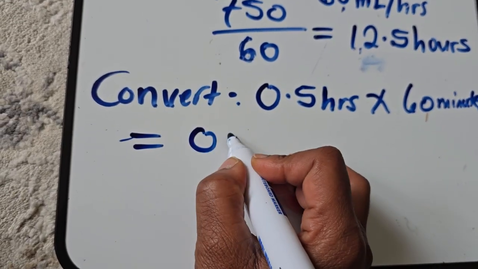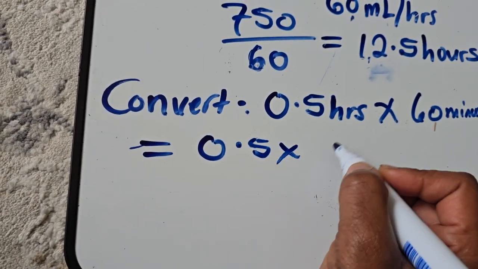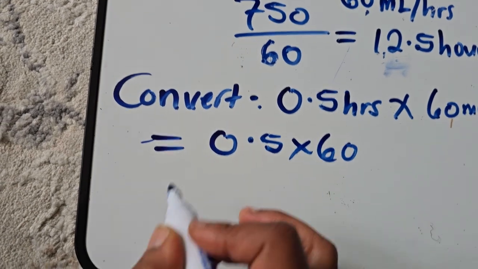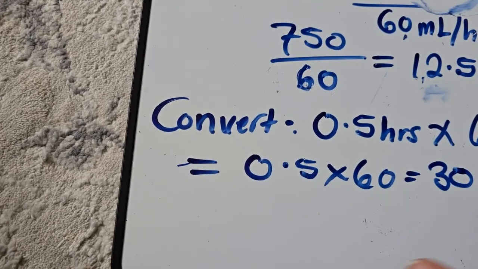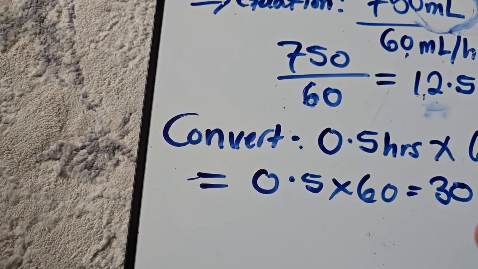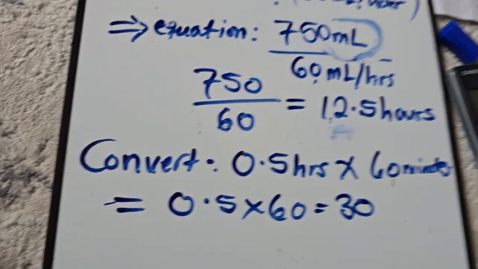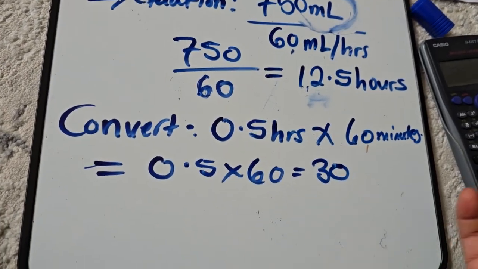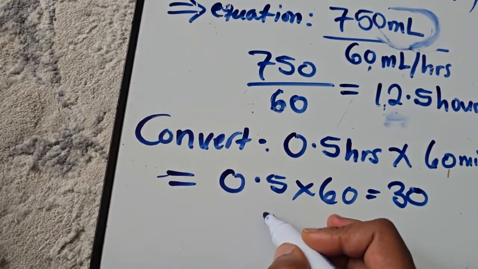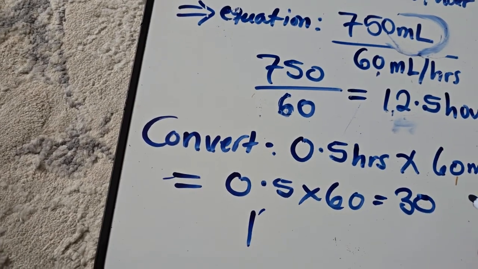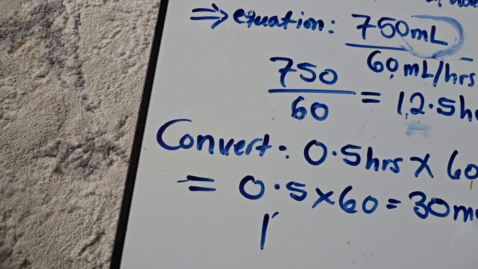So 0.5 multiplied by 60 will give us 30. Now we've got our 30. So what do we do here? We want it in minutes or hours. So if that is the case, then our time is going to be 30 minutes.